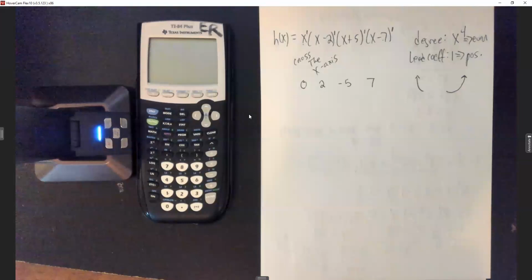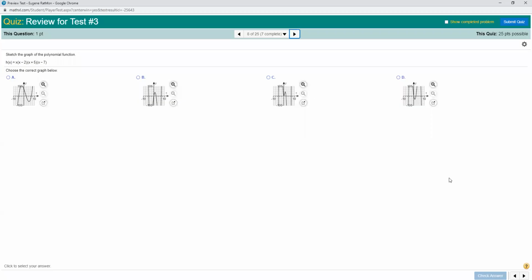So look here. Uphill on both sides. So there's no way it can be A. A only crosses 3 times and it's going uphill left to right. So this is a possibility. Notice both sides are going uphill. This one looks like it's coming up, goes down and goes up. So there's no way it can be that one. And this one is going downhill on both sides. So technically the only one it could be is B. And look at this.